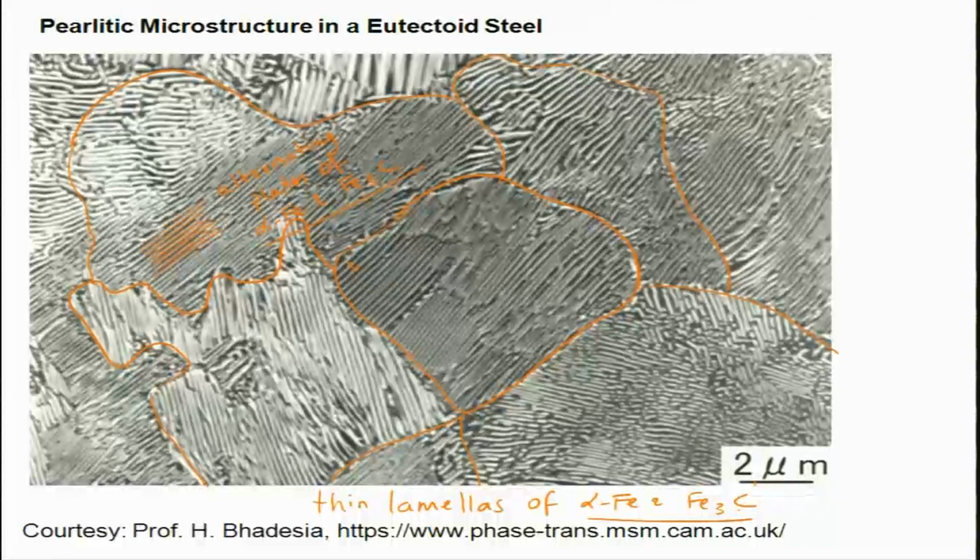So you can control the thickness of these by controlling the cooling rate, the rate at which steel is cooled, so that you can change the amount of time that is needed for solute partitioning and the growth of these phases.